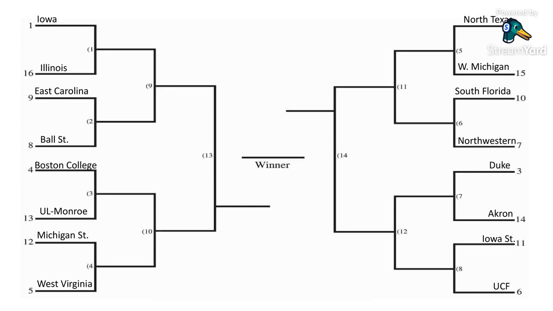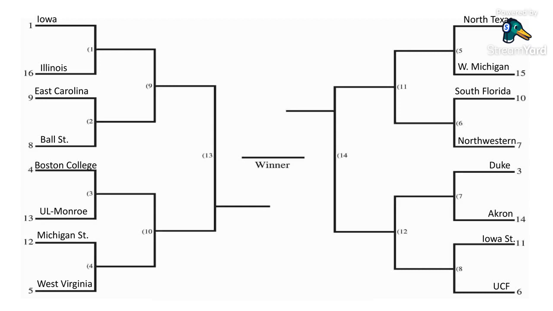Boston College is from the ACC, and UL Monroe is from the Sun Belt. Michigan State from the Big 10, and West Virginia from the Big 12. North Texas from the Sun Belt. Western Michigan from the MAC. South Florida from, I want to say, either the Sun Belt or the American, versus Big 10 Northwestern.